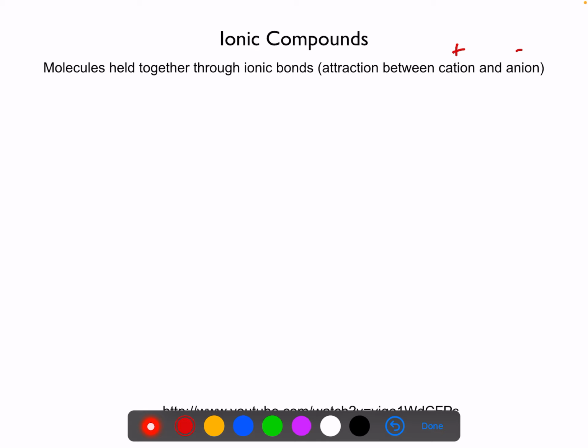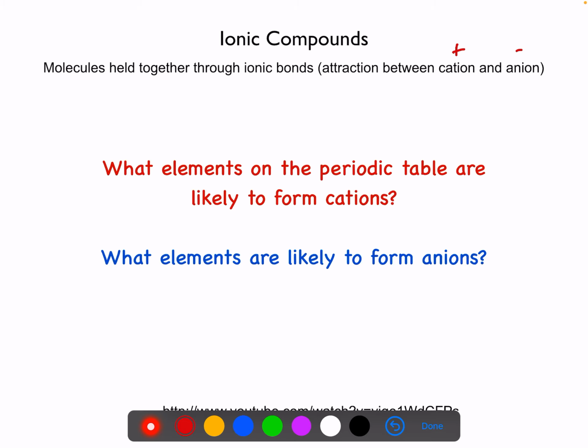And so when we think about this, we have to understand what elements on the periodic table are going to form cations and what atoms are going to form anions, right? Where are the elements that are going to lose electrons to form a cation, and where are the elements that are going to gain electrons to form anions?